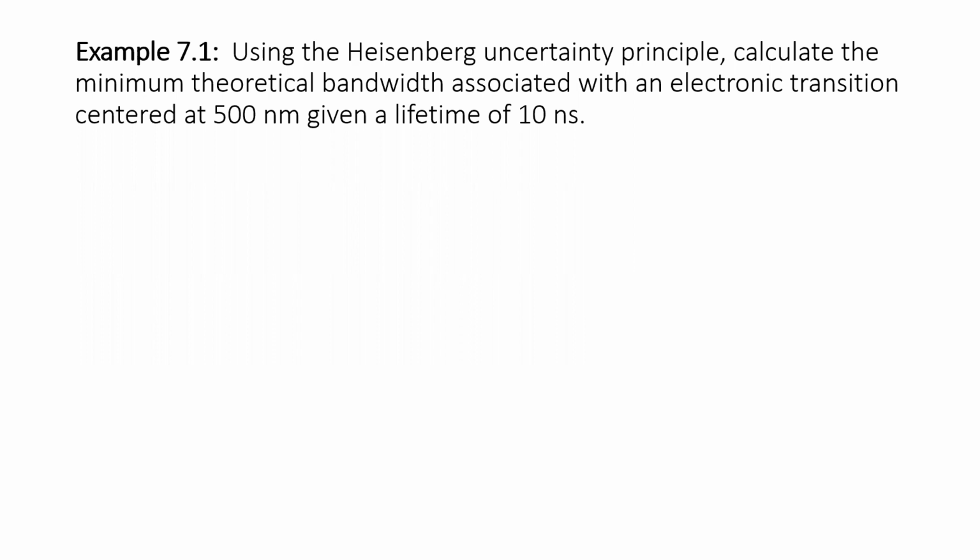First, we need to calculate the uncertainty in the energy given that lifetime. And so delta E, that's the Heisenberg uncertainty principle. Delta E delta t is greater than or equal to h bar on 2. Everybody know what h bar is? Sorry, I should have said that if you haven't had PChem 2. So h, remember, is 6.626 times 10 to the negative 34 joule seconds.